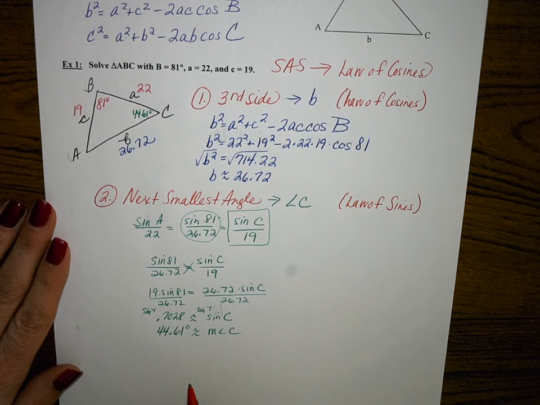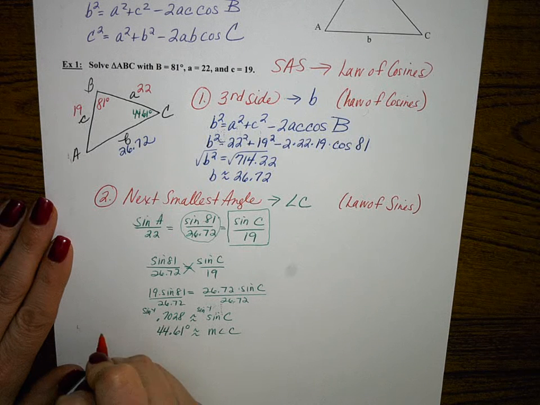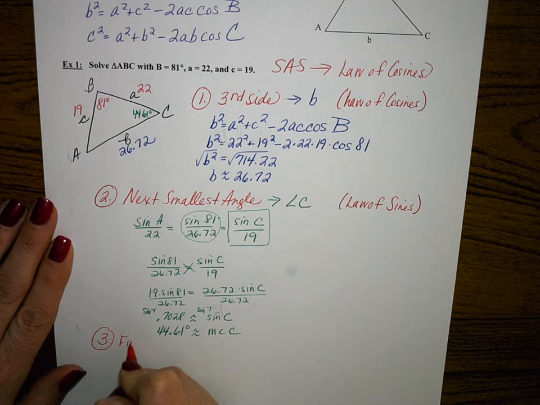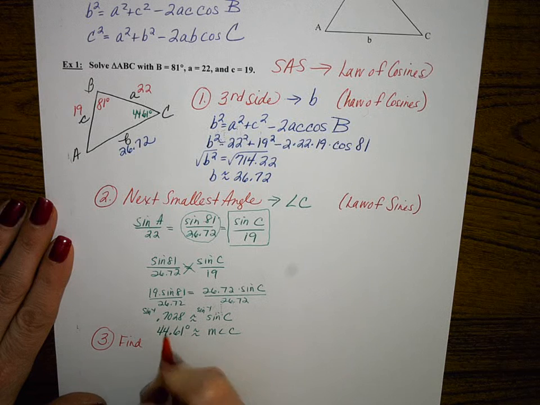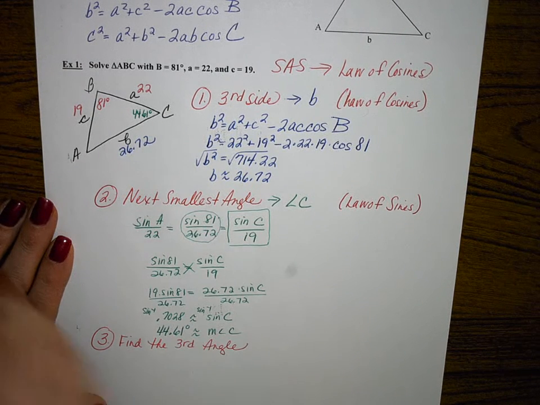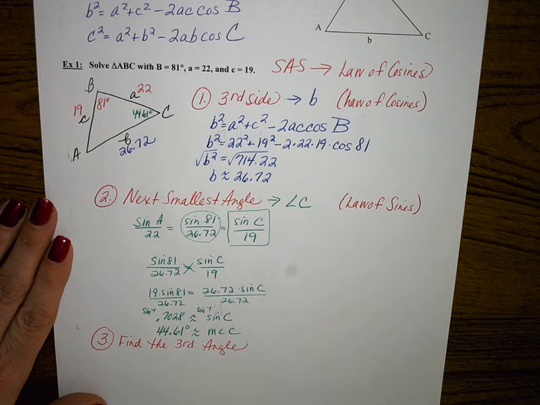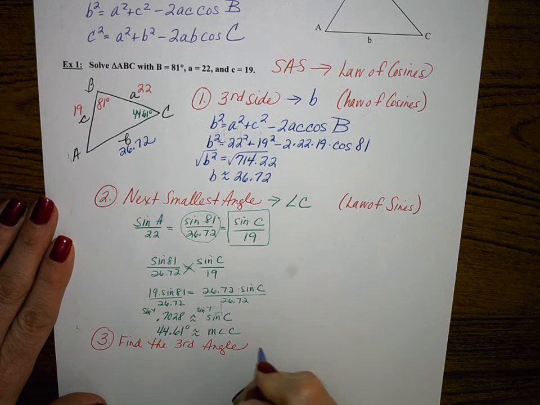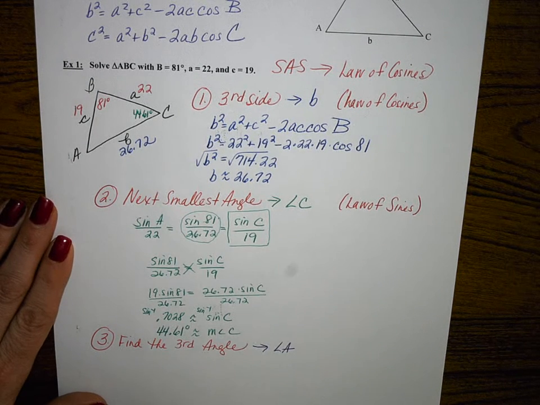Okay, so what do I need to do next? You bet. Last but not least, I need to find the third angle. And in this case, that third angle is angle A. How do I find angle A?